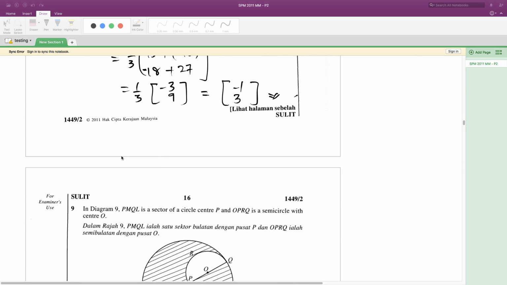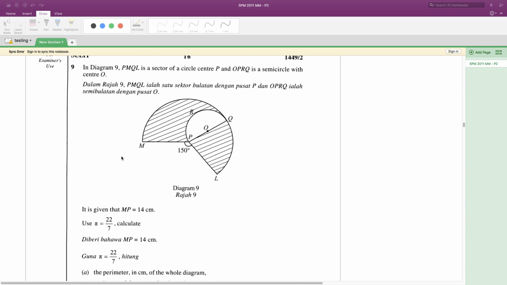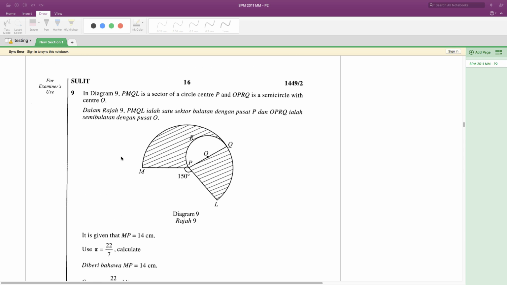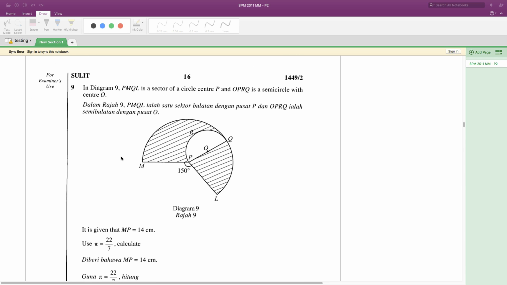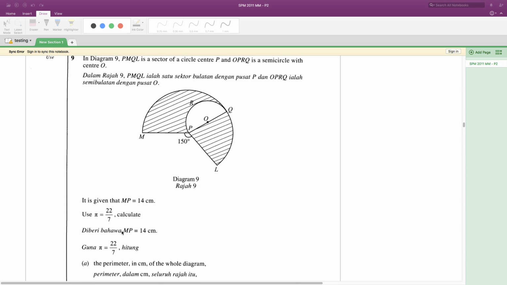To number 9. Okay, this is circle 2. This one should be quite simple. PMQL is a sector of a circle centered at P, obviously, and OPRQ is a semicircle with center O. MP equals 14 centimeter, using pi as 22/7.